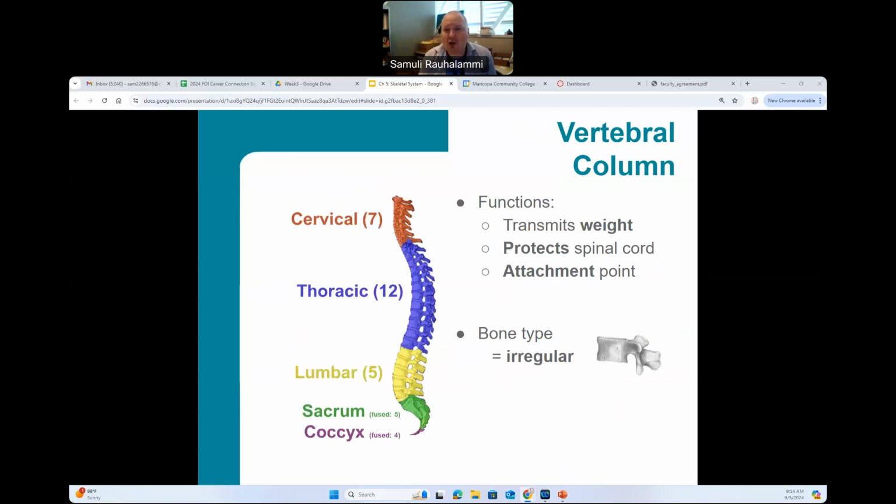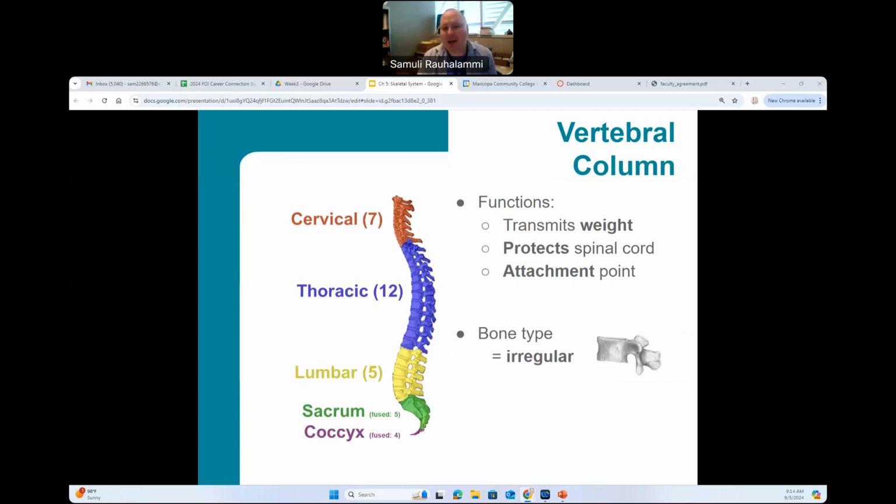Let's start with the cervical vertebrae. There are going to be 7 of those, and the 2 top ones are especially interesting for us: the atlas, allowing us to do this yes movement with our head, and the axis, the second one from the top, allowing us to do this no movement of the head.